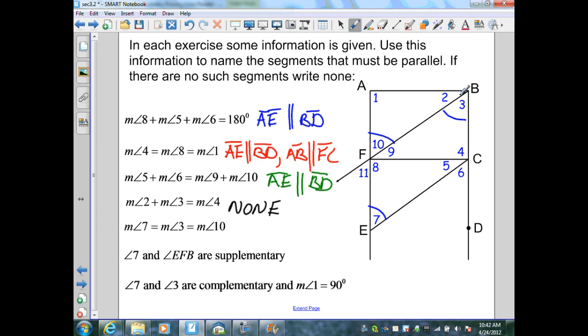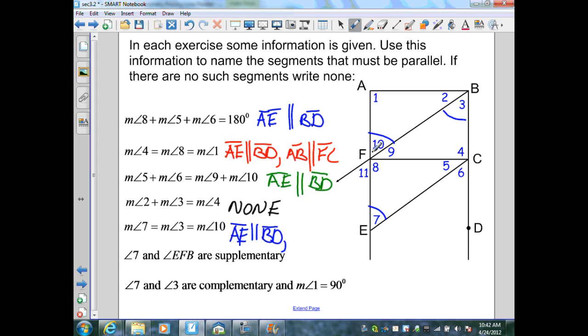The other two lines that form them are AE and BD. And if alternate interior angles are congruent, then the two lines cut by a transversal are parallel. Angles 7 and 3 do not have a transversal between them. Therefore, I can relate no parallel lines between those sets of angles.